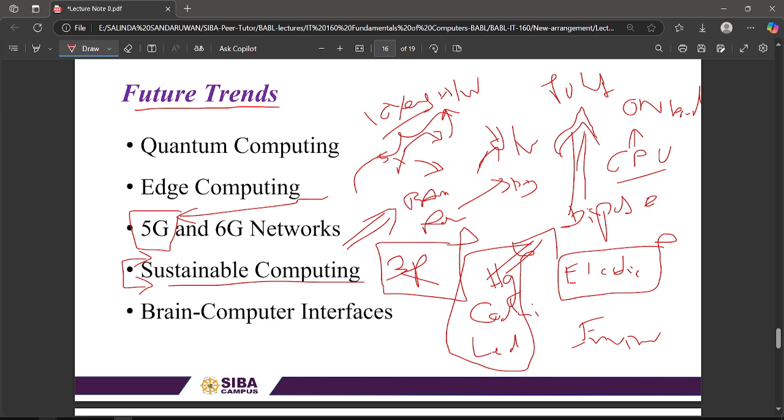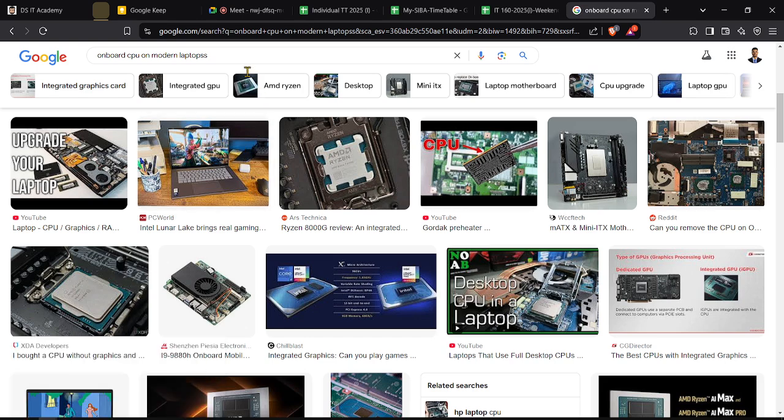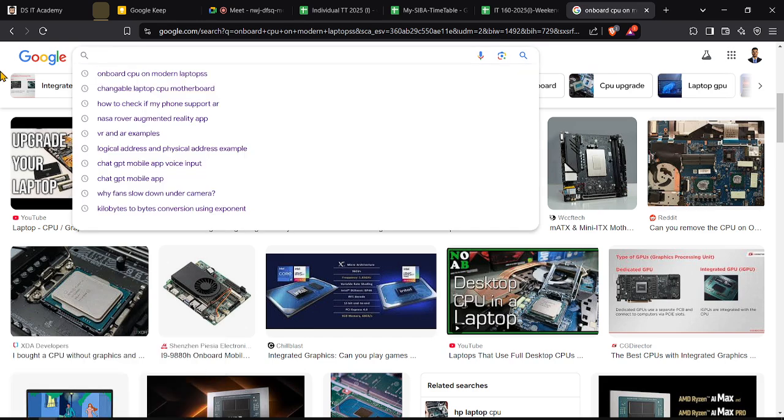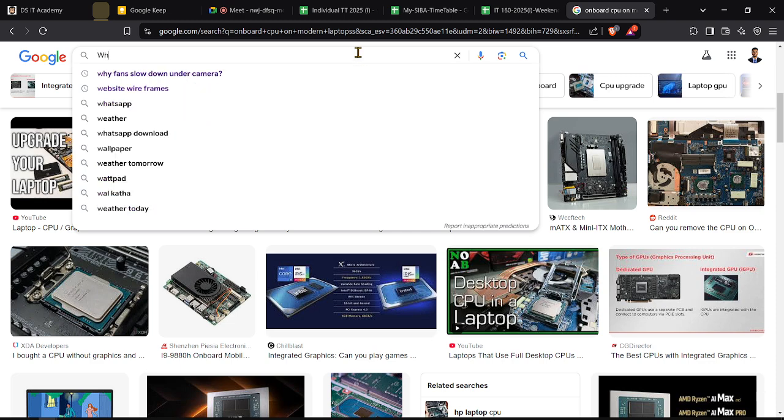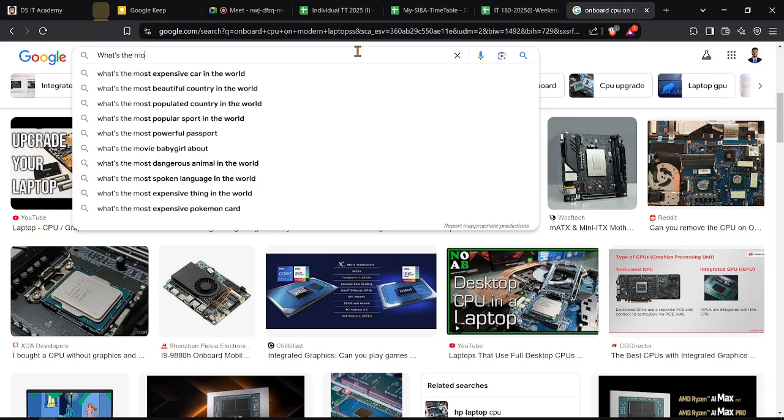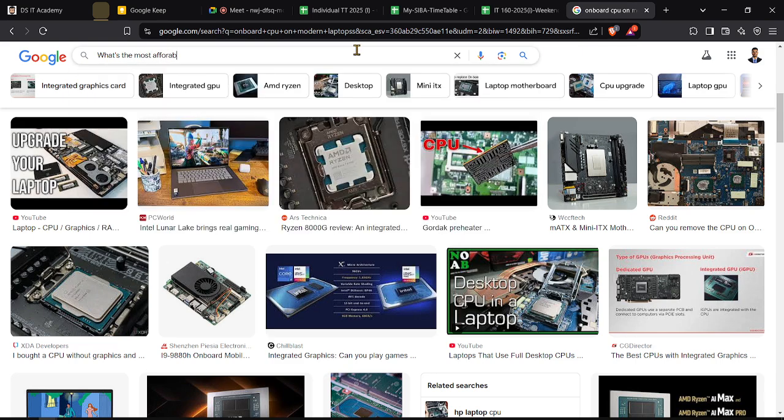So yes, we can do a research. What's the most affordable and versatile CPU for laptops, maybe?